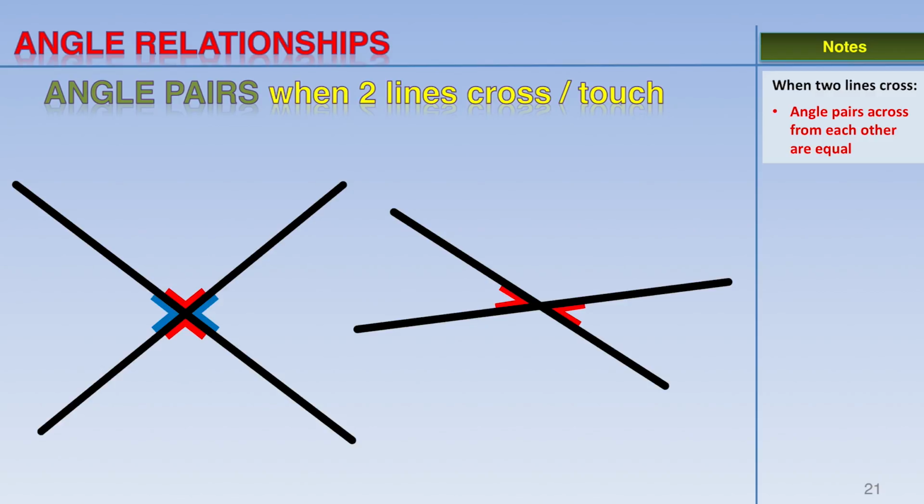Those are across from each other as well in both of the figures, and those blue angles are equal to each other as well. Now, let's look at angle pairs along the same line. They will sum to 180 degrees, or a straight angle. And they are indicated by the red and blue indicators here.